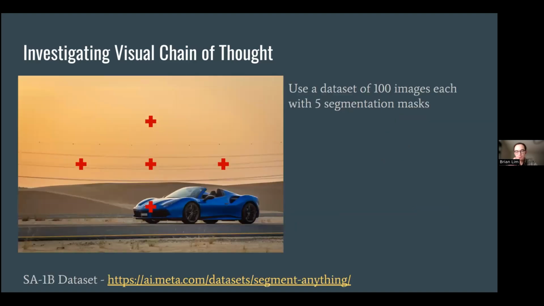For my experiments, I tested out different text prompts and background modes. For each of those experiments, as well as a baseline of both the baseline visual chain of thought implementation and a baseline captioning implementation without the visual chain of thought, each of those different implementations was run through a data set of 100 images, where each image had 5 segmentation masks generated, for a total of 500 segmentation masks for each implementation that we used to evaluate them.